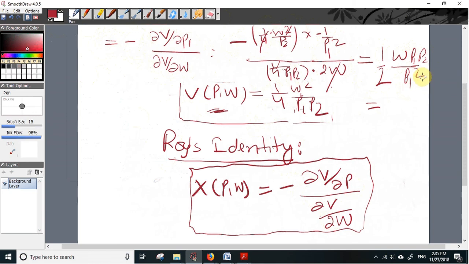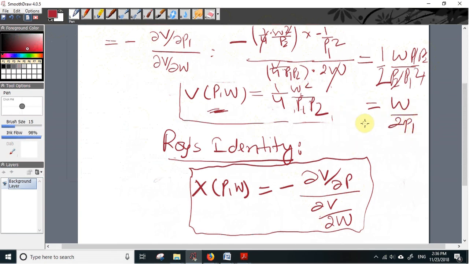So P1 gets cancelled, and there is another P2 here, so this P2 also gets cancelled, and what remains is W over 2P1.